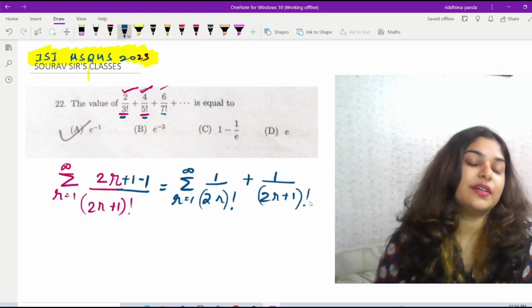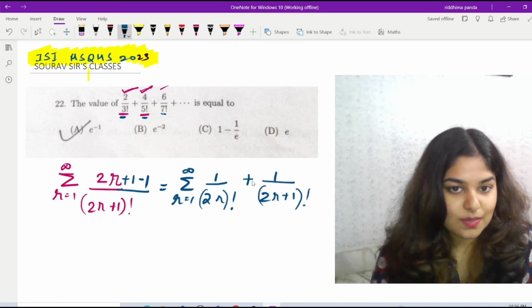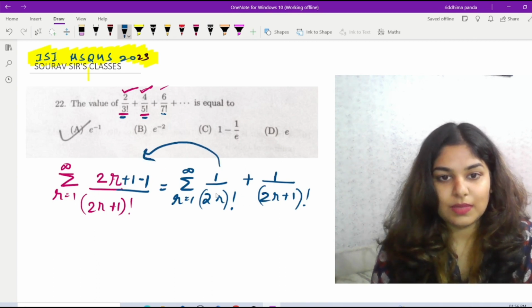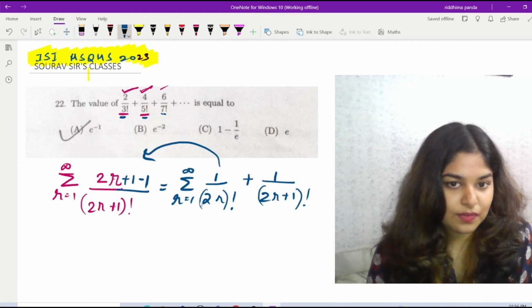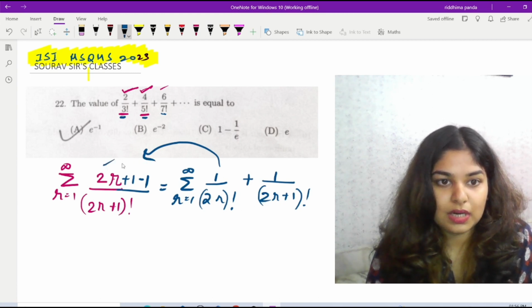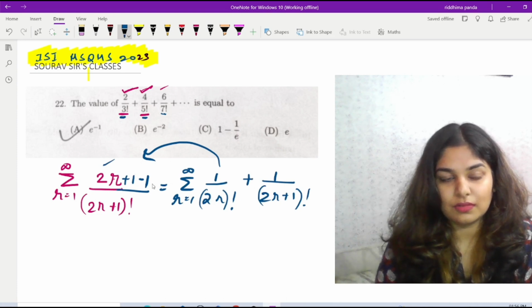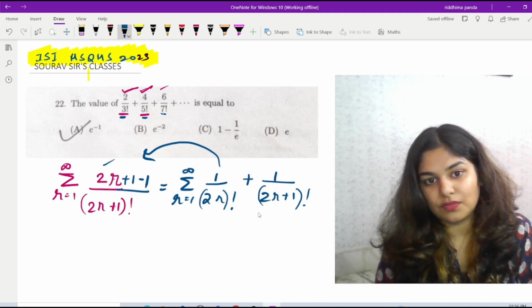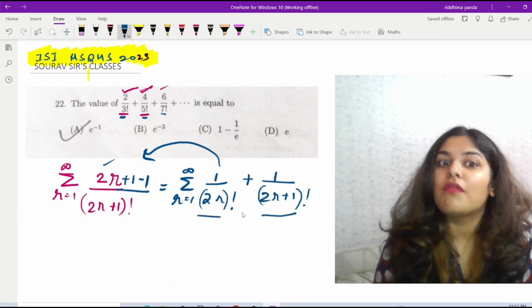If you look at it carefully and take the LCM, the LCM will be 2r plus 1 factorial, so by taking the common factor you will get 2r by 2r plus 1 factorial. So we have written it in this form.